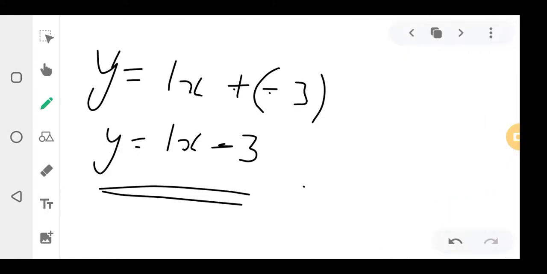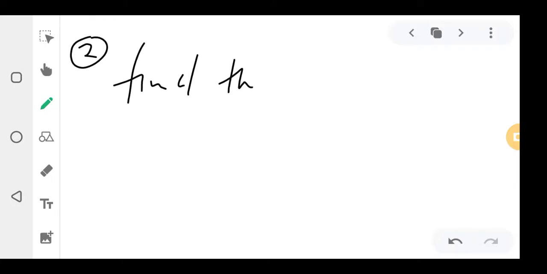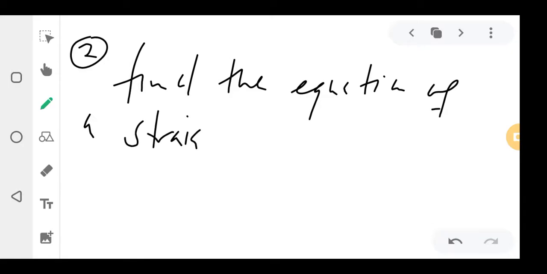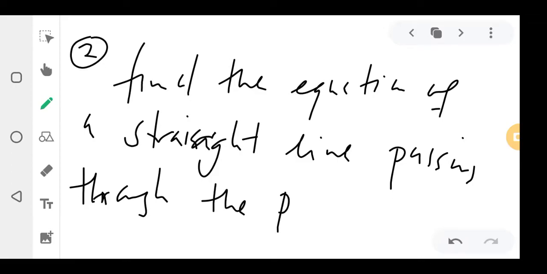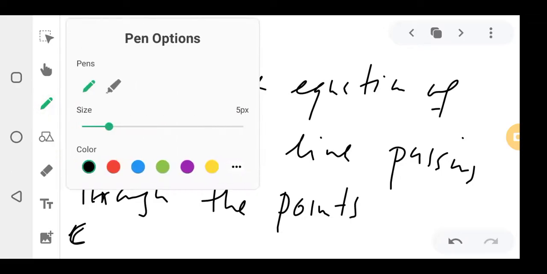Okay, example 2. So that's a question, that's the answer. Example 2, we can say, for example 2, they can say, find the equation of a straight line passing through the points, C is passing through which points?